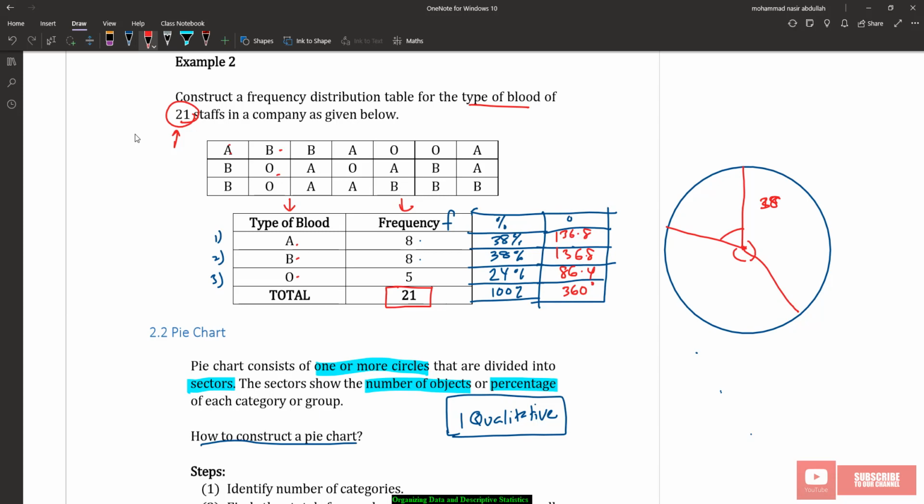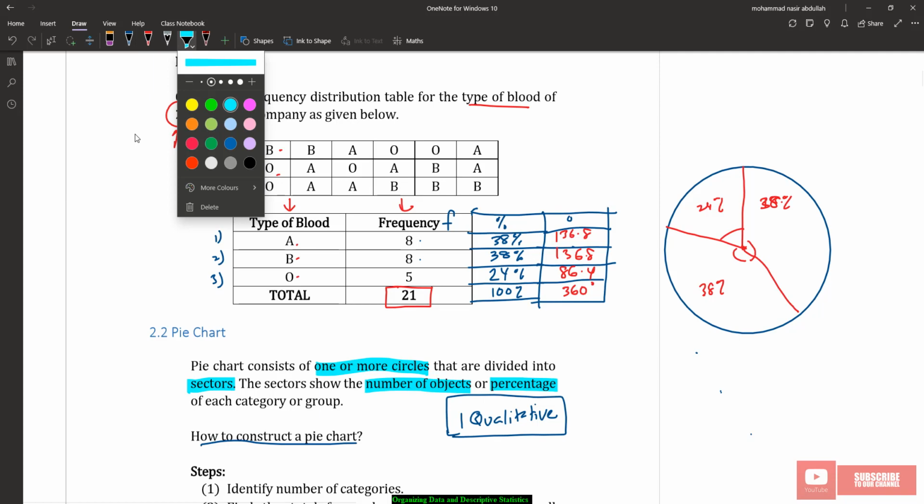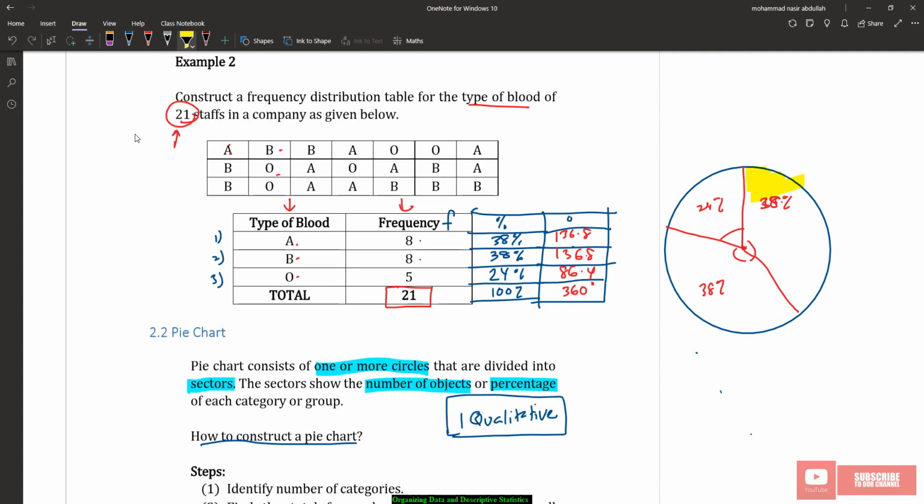This is 38, and this is 38%, and last is 24%. And then we need to do some colouring. Put colour here, make it nicer. This is a basic pie chart.